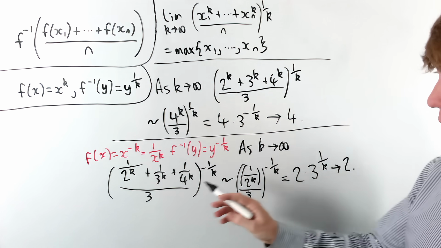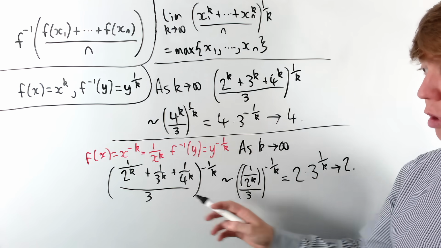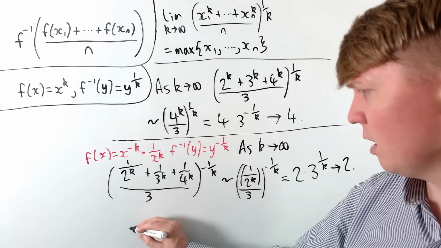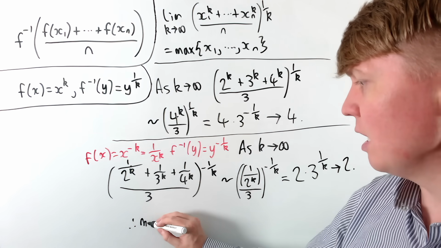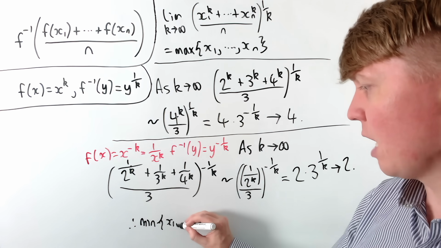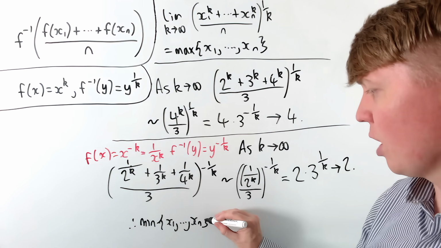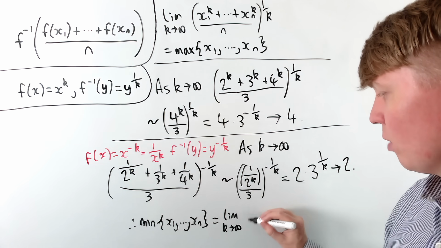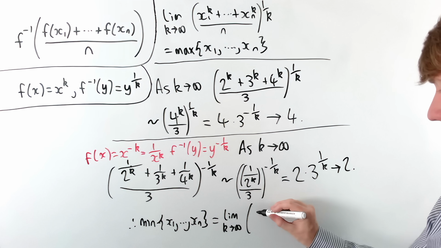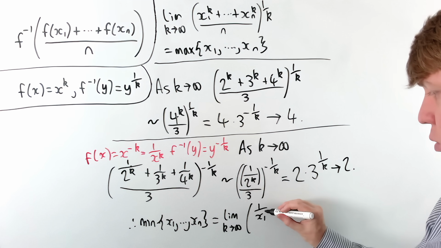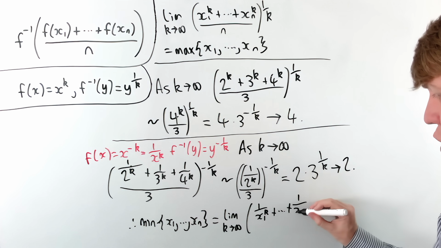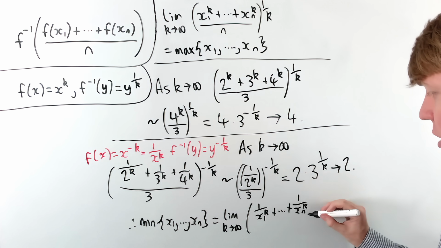So you can see now, taking limits as k gets smaller and smaller, or having the reciprocal, we've ended up with the minimum value. So we can say, again quite informally then, that the minimum of a data set, x1 up to xn, can be found as the limit as k goes to infinity of 1 over x1 to the power of k plus 1 over x2 to the power of k, and so on up to 1 over xn to the power of k.